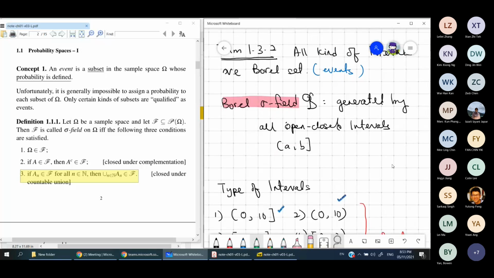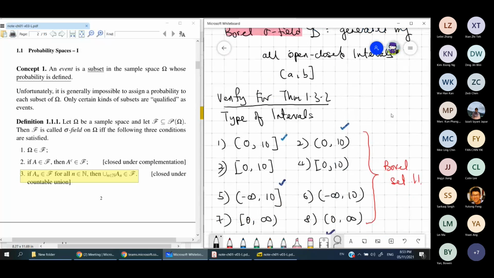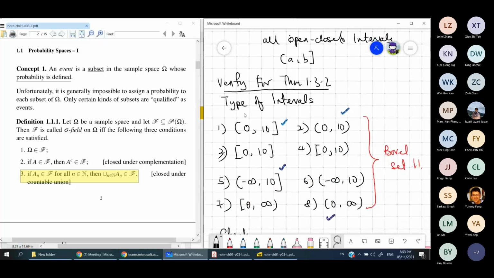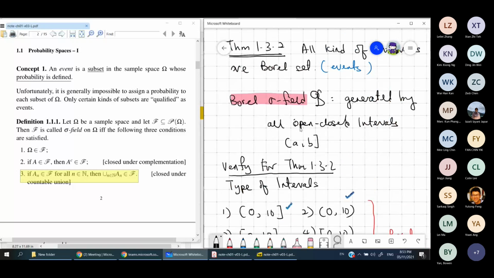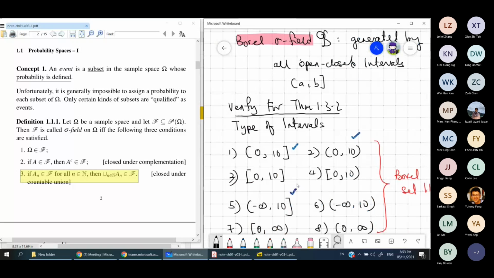So this is actually what we want to verify for theorem 1.3.2, based on these definitions here. All the possible intervals will be these 8 types: 1, 2, 3, 4, 5, 6, 7, 8 here. The first one we don't have to verify, because by the definition, open close intervals generate this sigma field, so automatically these must be elements inside here.